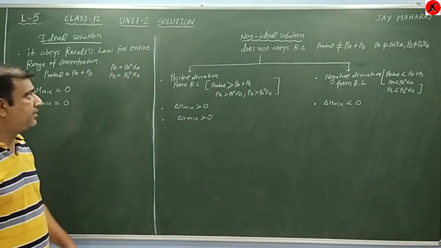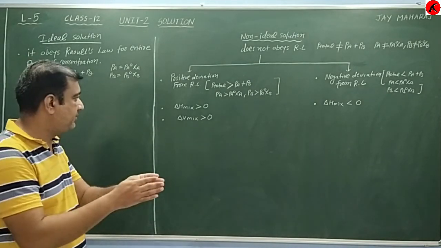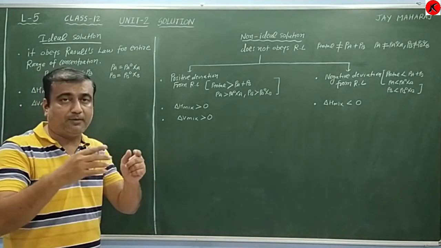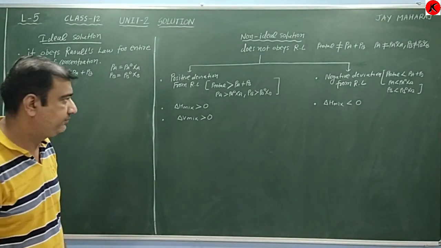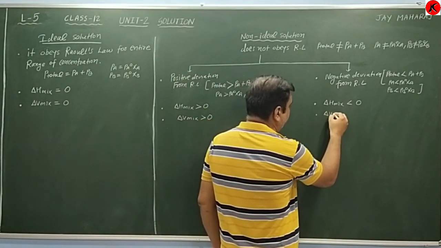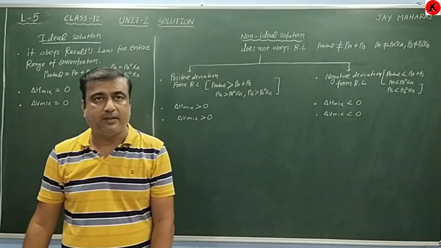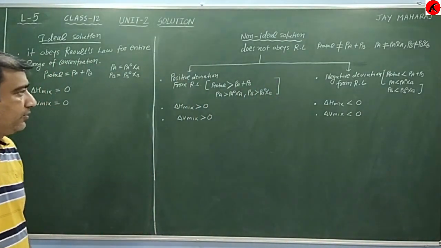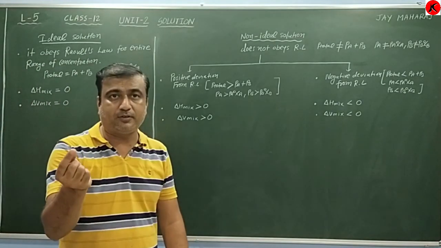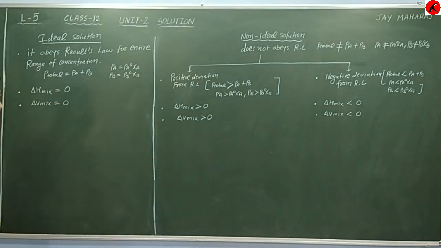Delta V mixing greater than 0, that means 10 ml solute plus 100 ml solvent, then volume of the solution will be greater than 110. Delta V mixing less than 0 means when 10 ml solute and 100 ml solvent are mixed, then total volume of the solution will be less than 110.